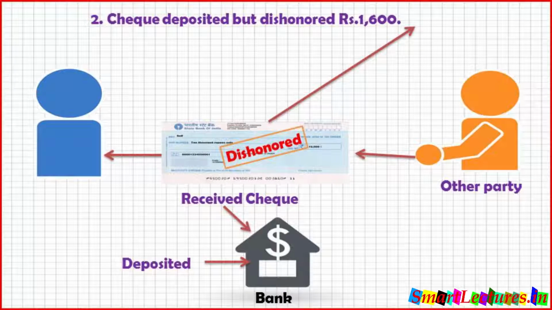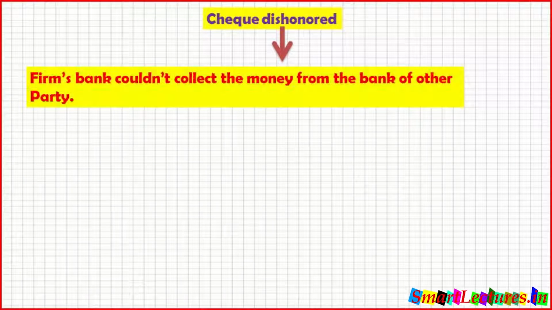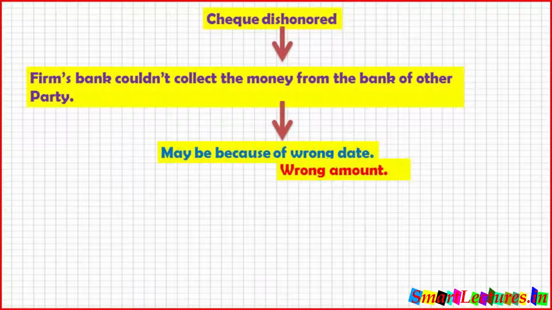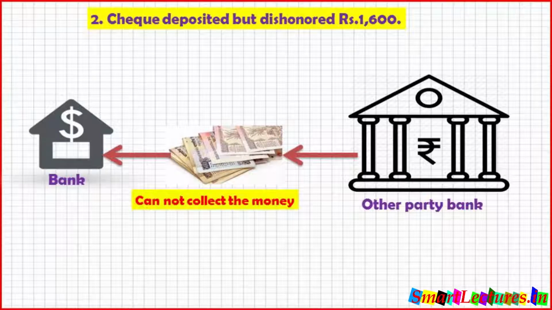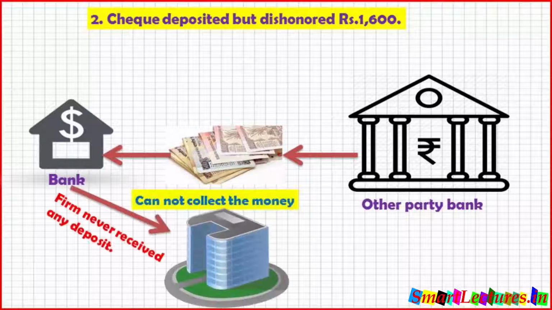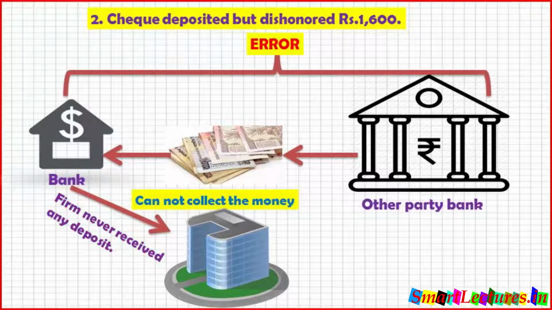Check got dishonored means our bank couldn't collect money from the bank of that party. There are many reasons. Maybe there was some wrong date, wrong amount. Maybe there was no sufficient balance in the account of our party. There can be any reason. If our bank cannot collect money from the bank of other party, the bank will never give us any deposit. It was not basically an error, and this was the reason of difference.